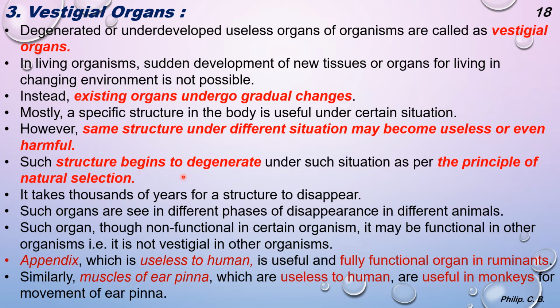Such a structure begins to degenerate under such situations as per the principle of natural selection. That is, one which is useful will be continued, one which is not useful will remain as it is or become useless, or it may not be present or may be changed. It takes thousands of years for a structure to disappear.